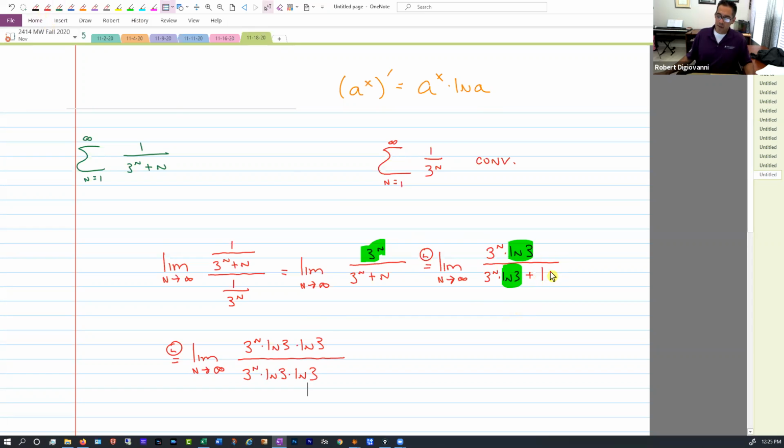But this time the derivative of the 1 is 0. So we just get this, right? And that's just 1. Everything cancels out. And 1 is a positive constant. And because 1 is a positive constant, whatever 1 does, they both do. So we can conclude that this must also converge.